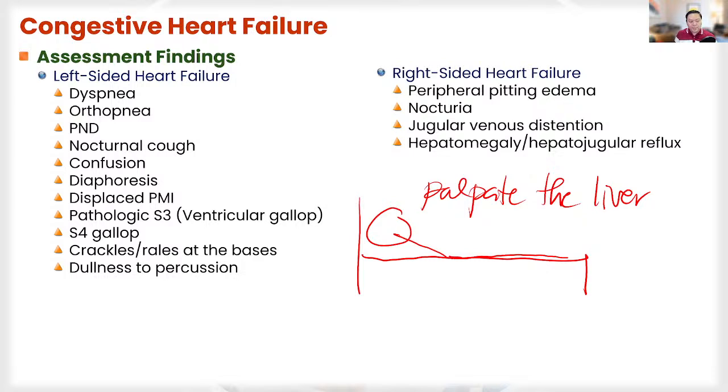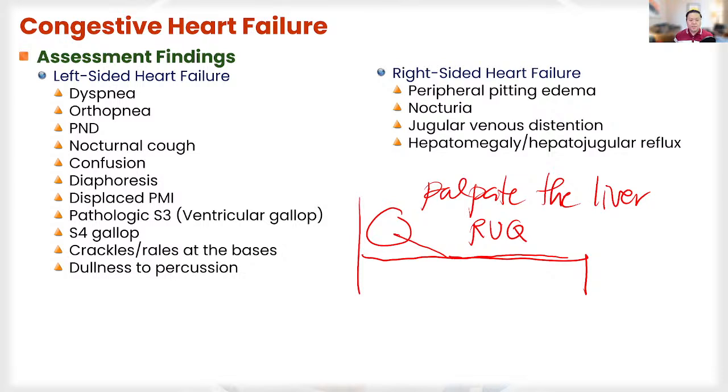Once you do the palpation to the right upper quadrant, just gently palpating, this will cause the distension of the jugular vein. Okay, so you will see the external jugular vein will be distended when you press the right upper quadrant where the liver resides.